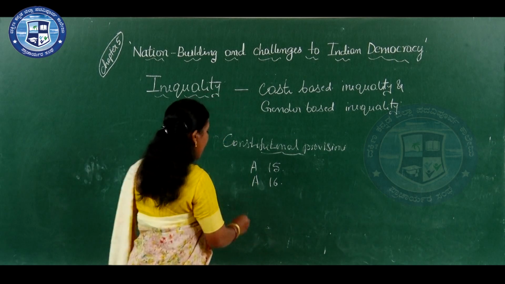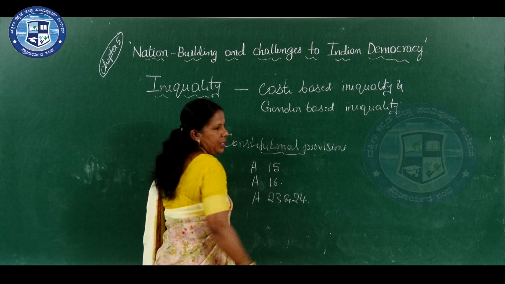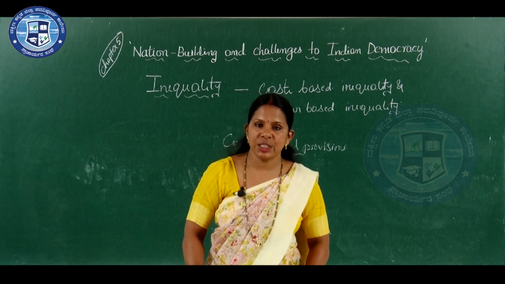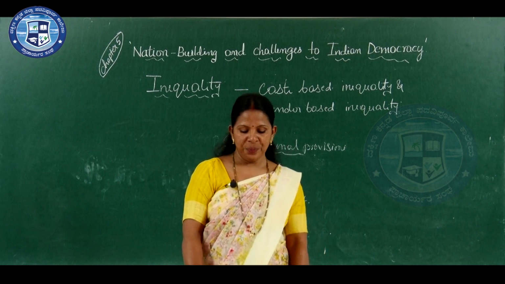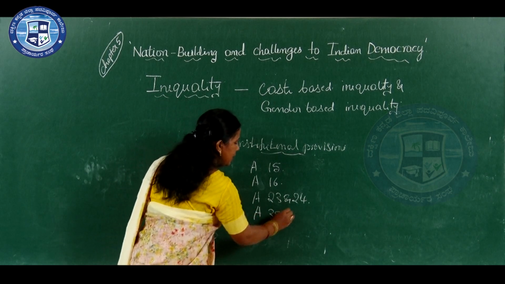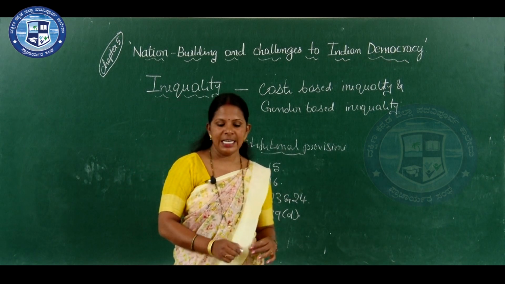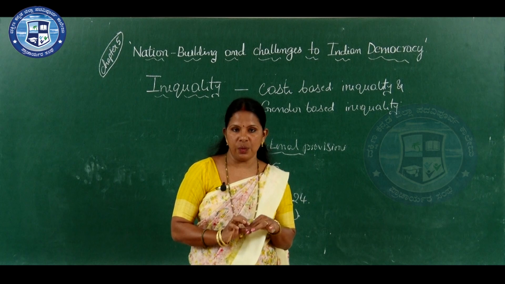Article 23 and Article 24 of the Indian Constitution explain the right against exploitation. Article 39D explains equal pay for equal work.